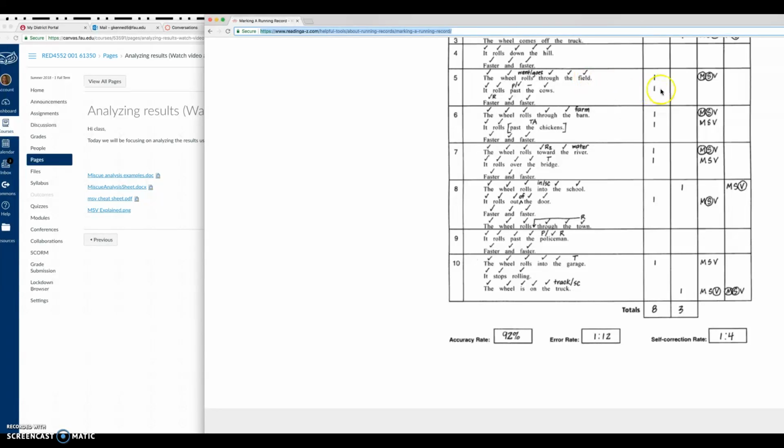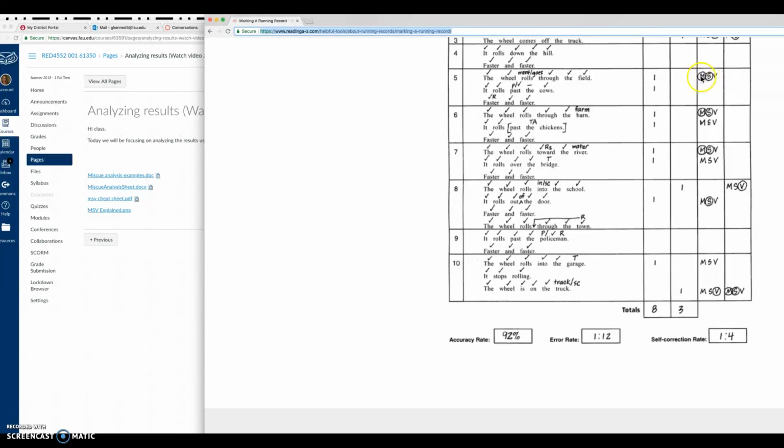So yes, the words that the student substituted do mean the same, so they circled the M. And then the second one they circled was the structure. In a sentence, does the word they replaced rolls with fit structurally? If we said the wheel went through the field or the wheel goes through the field, it makes sense when you read the sentence with those errors the child made. So that's why they circled 2.